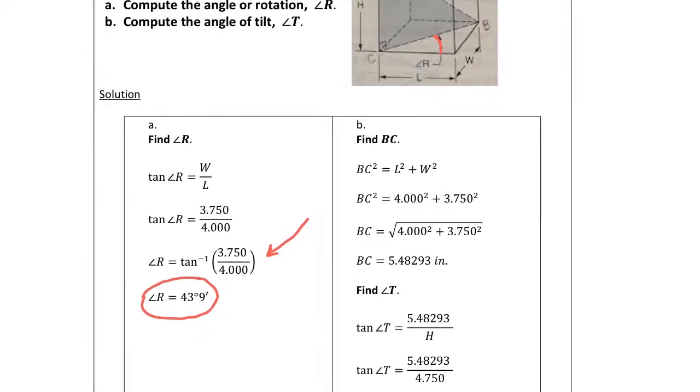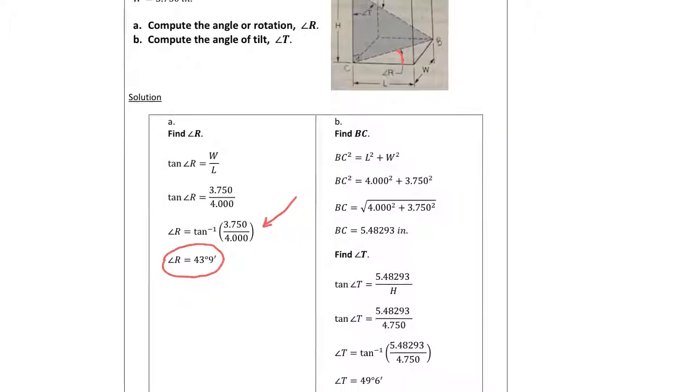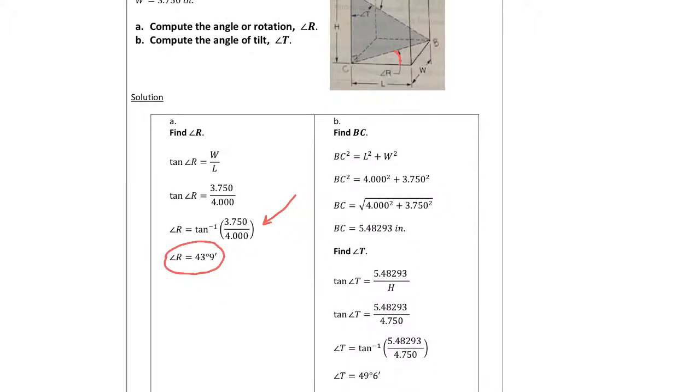And now in part B, to find the angle of tilt, first we have to find the side BC. So BC squared equals L squared plus W squared.